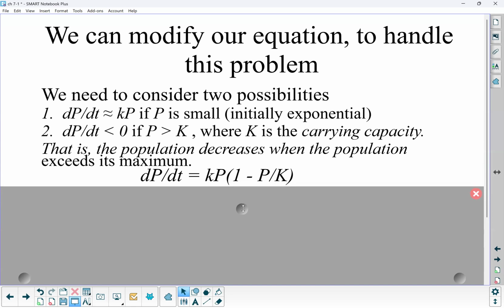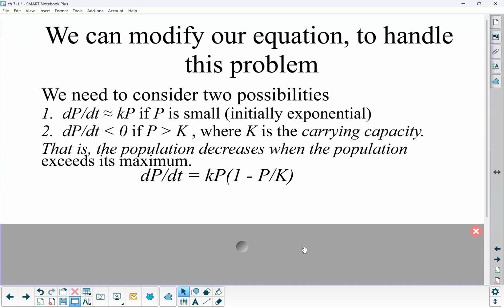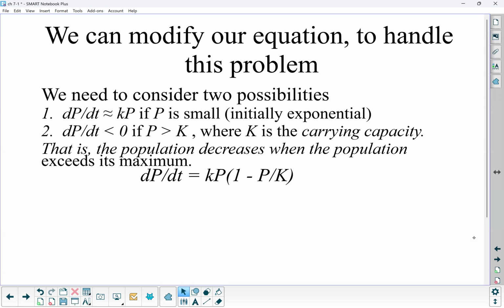So we can write that as dp over dt equals k times p, our initial exponential function, times 1 minus p divided by k. If p ever gets larger than k, then 1 minus p over k is negative, giving us a negative growth rate. In other words, a decline in the population.